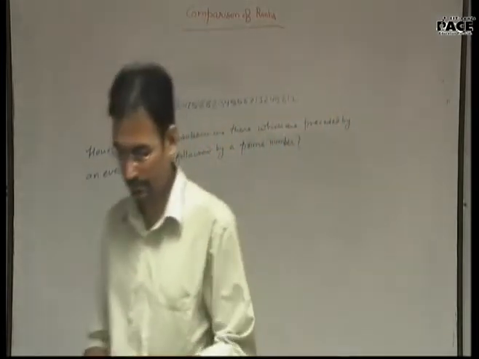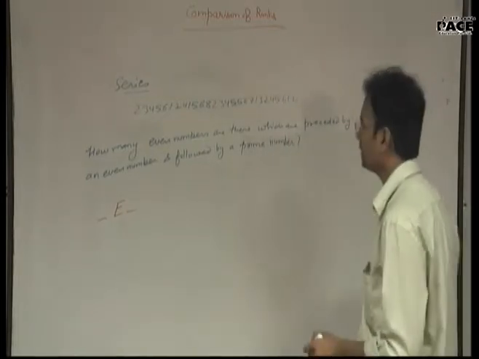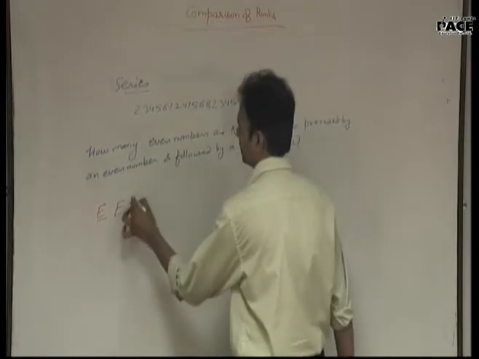So what is the arrangement? Even numbers preceded by even number and followed by a prime number.